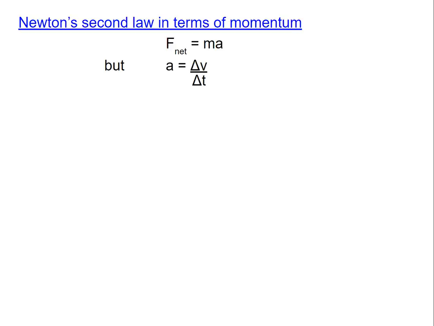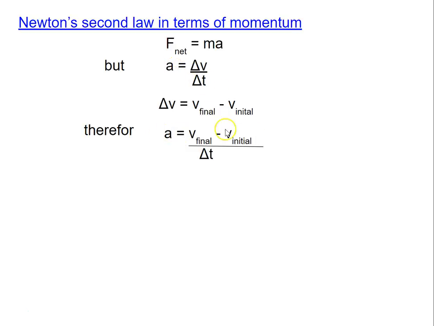Okay, now change of, we just looked at that when we looked at the momentum as well. It's just the final velocity minus the initial velocity. So if I take this equation and I substitute that into my acceleration equation, then I find that acceleration is v final minus v initial divided by delta t.